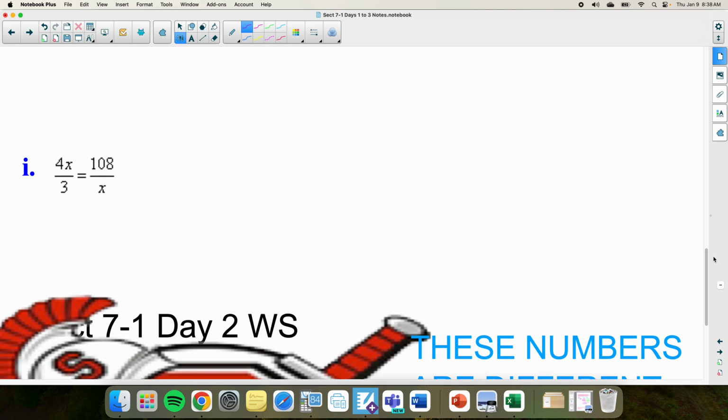And then this last one, what we're gonna do is we're gonna multiply these two, and we get 4x squared equals 3 times 108, which is gonna be 324. And now we solve this too, just like algebra. This is 4 times x squared, so I have to get rid of that 4 by dividing.